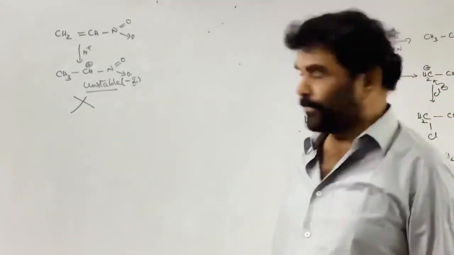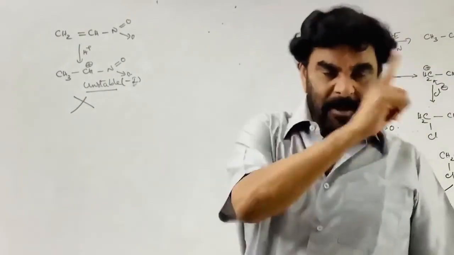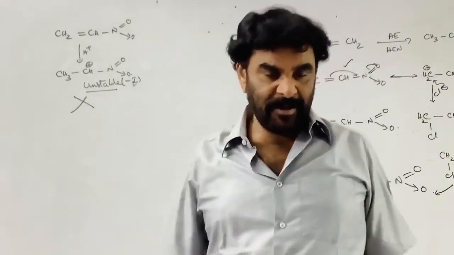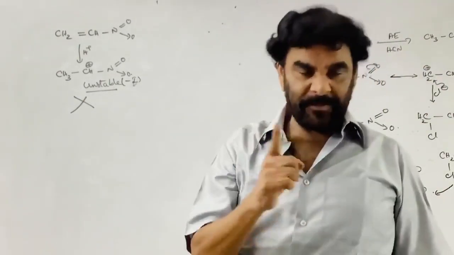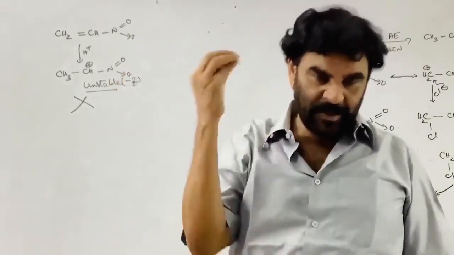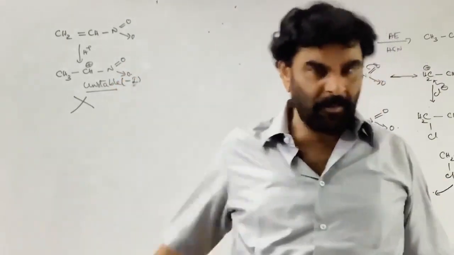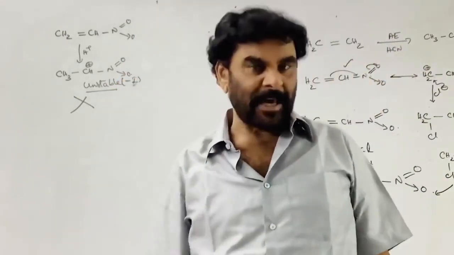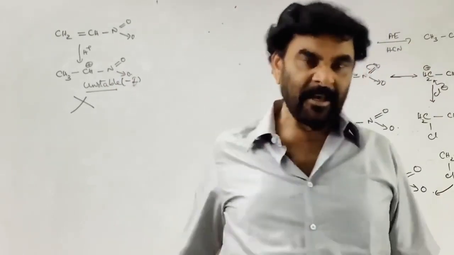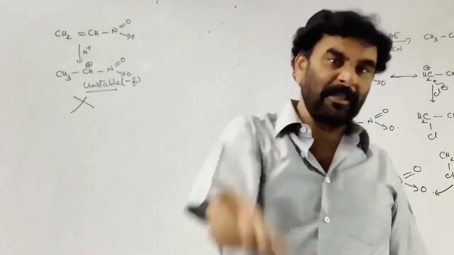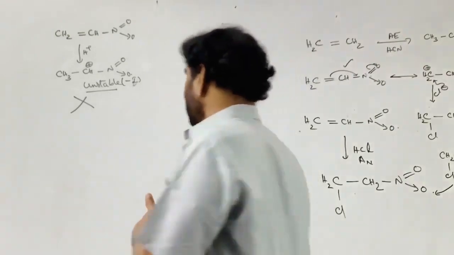Again I am telling you, alkenes take part in electrophilic addition. But the same alkene, if electron withdrawing groups like -M and -I groups are introduced on the ethylenic center, takes part in nucleophilic addition reactions.